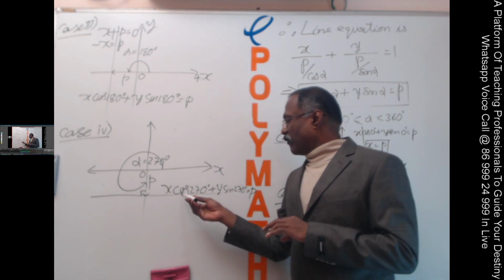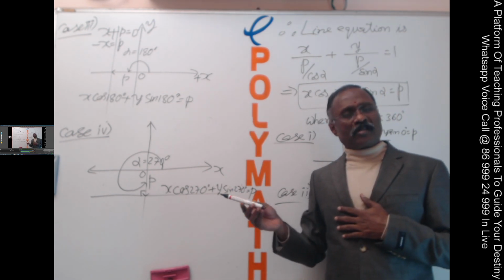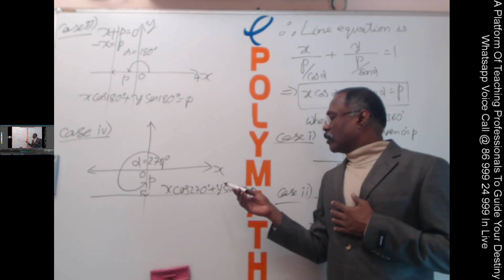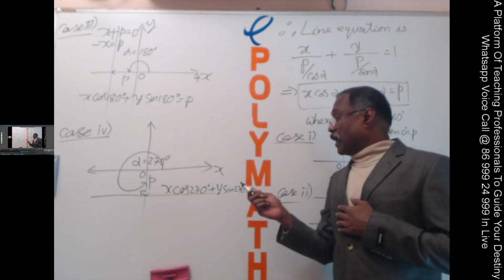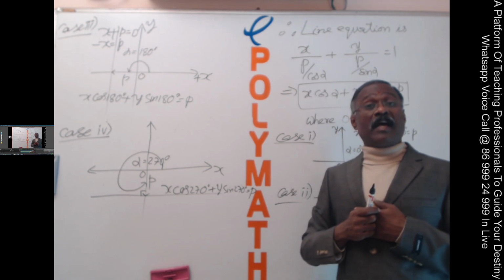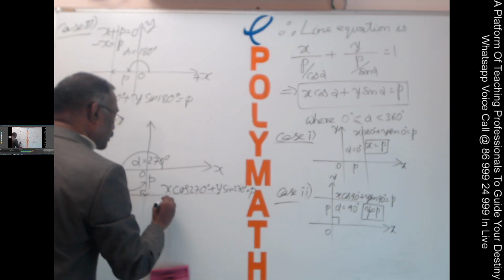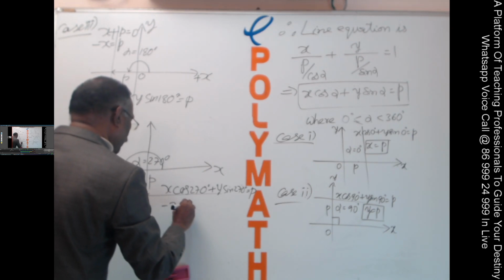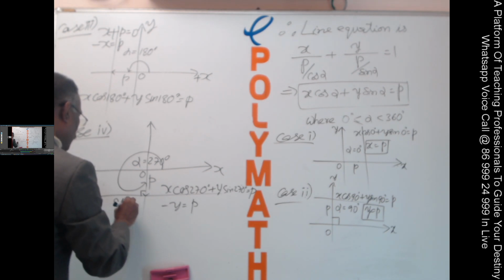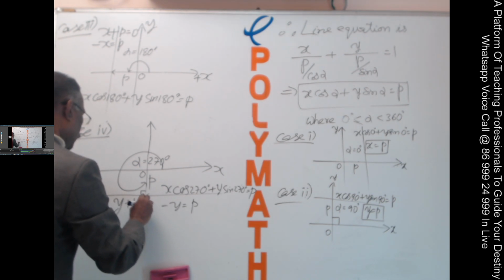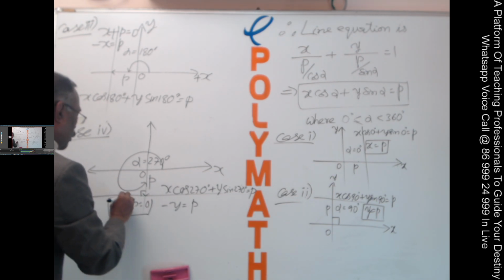Sin 270 is 180 plus 90, minus sin 90, which is nothing but minus 1. So this is nothing but minus y is equal to P. So its equation is y plus P is equal to 0.